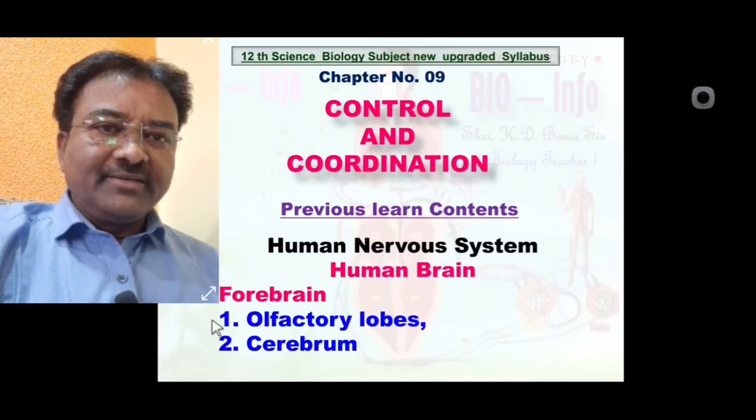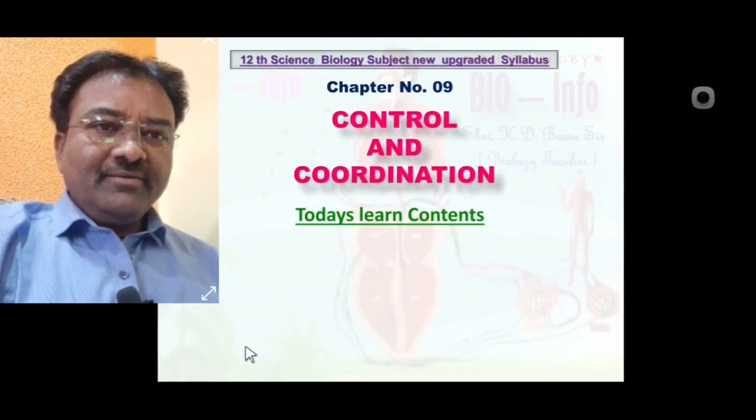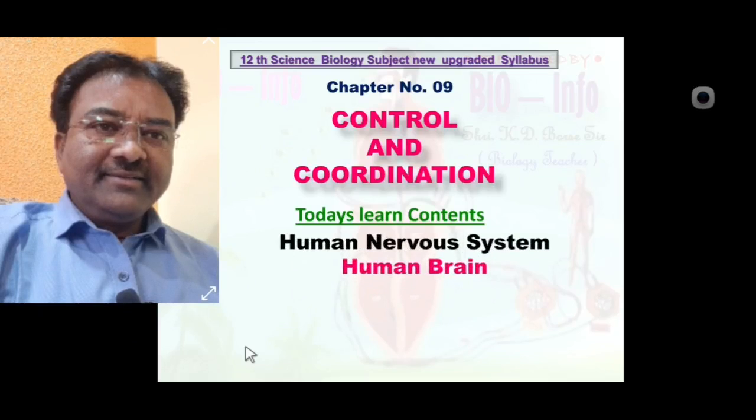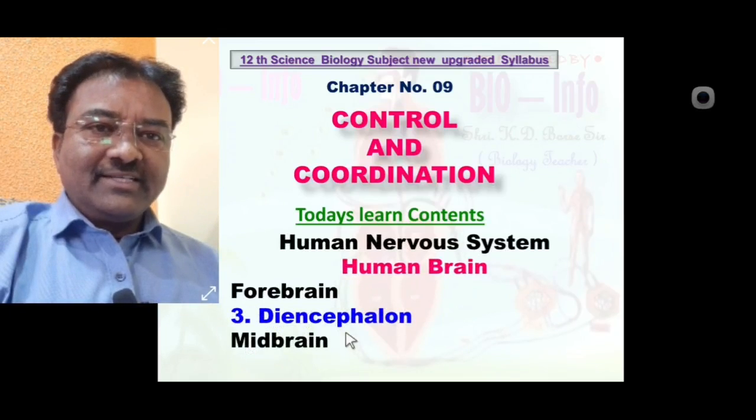In the previous lecture we learned the forebrain contains olfactory lobes and cerebrum. Today we are going to learn the third part of the forebrain, the diencephalon. Also we will learn midbrain and hindbrain in today's lecture.